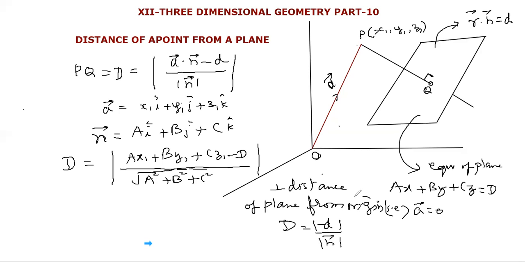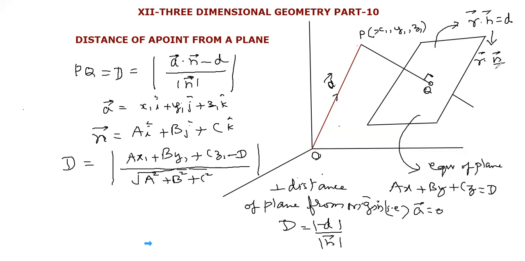This is the perpendicular distance, and that also comes when, suppose this is the equation of a plane. If you want to find this d distance from anywhere, but if you want to find the distance from the origin to this plane, make it a unit vector. So divide both the sides.